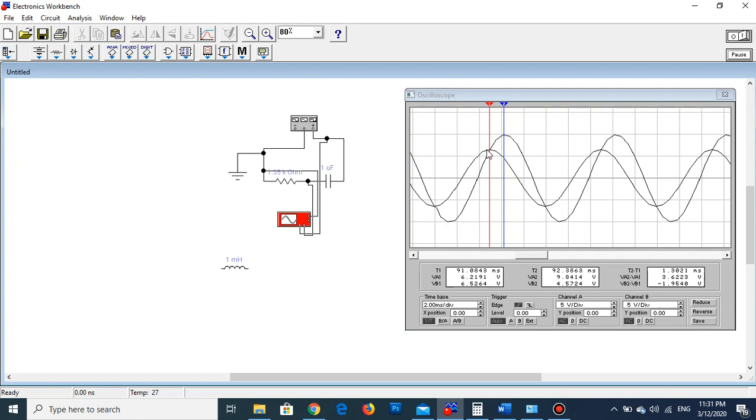Now, in order to know which voltage this one represents, it is very simple. Since this is the smaller, it is the voltage of the resistance, because the voltage of the generator is the higher in the circuit. Also, since you know that channel B measures the voltage of the resistor, you can put here 0.